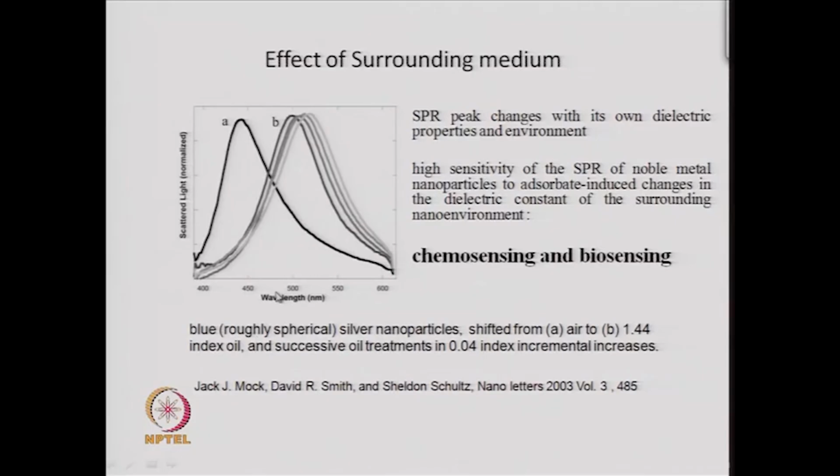So, the SPR band is highly sensitive to the environment, and this sensitivity for metal nanoparticles, especially of gold, silver, etcetera, can detect adsorbate induced changes in the dielectric constant of the surrounding nano environment. So, the sensitivity of the SPR band can be utilized for a device which can sense what is happening in its environment.